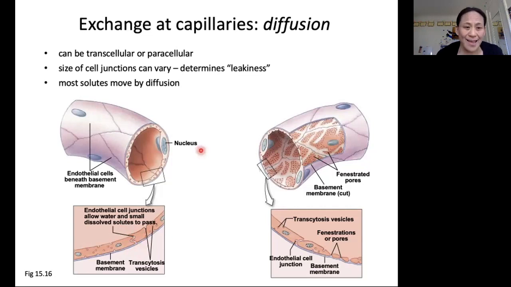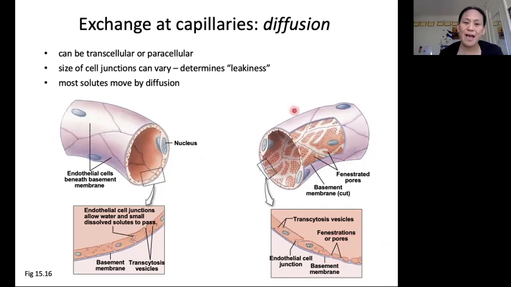One more thing I want to say is, in addition to having these spaces between endothelial cells, sometimes we even have this situation right here where we have these kind of big pores between the endothelial cells that make up the capillary wall. And in those cases, those capillary walls are very leaky, and a lot of things can pass through those walls.